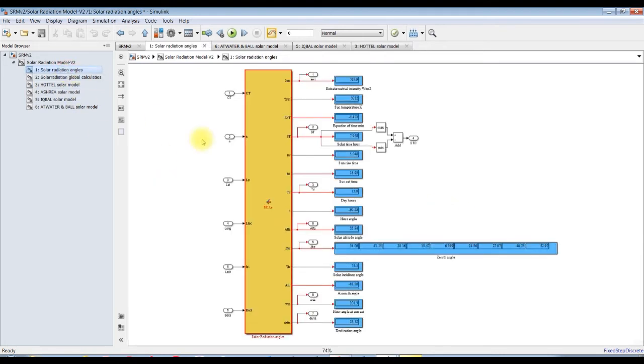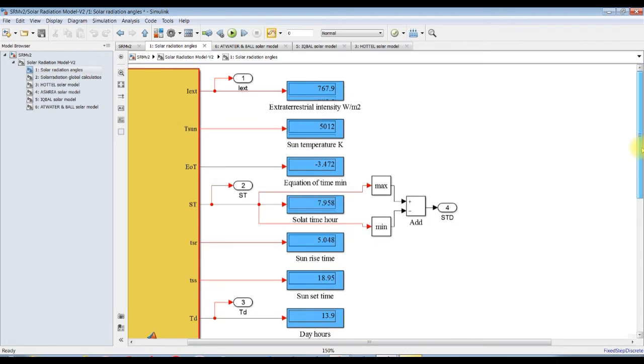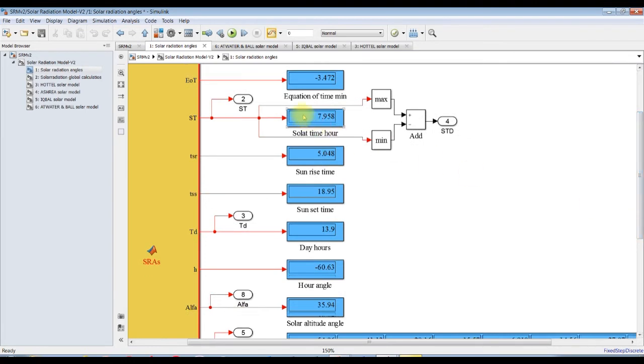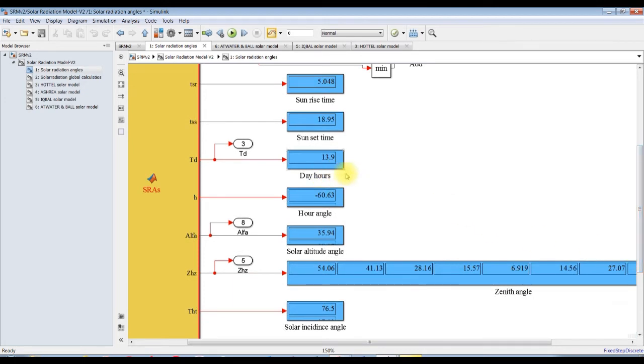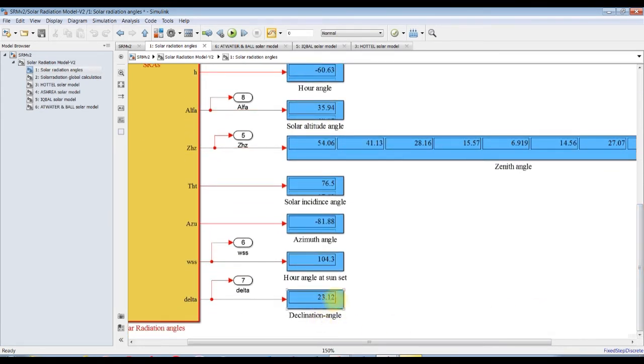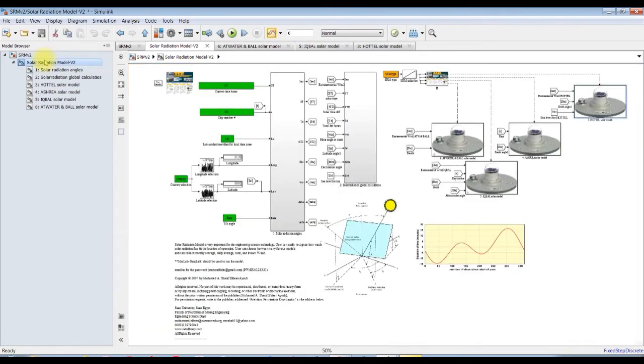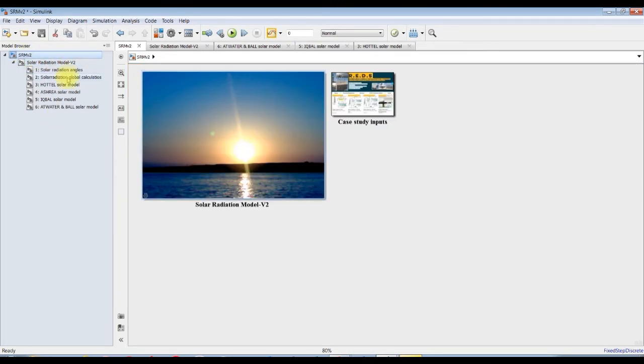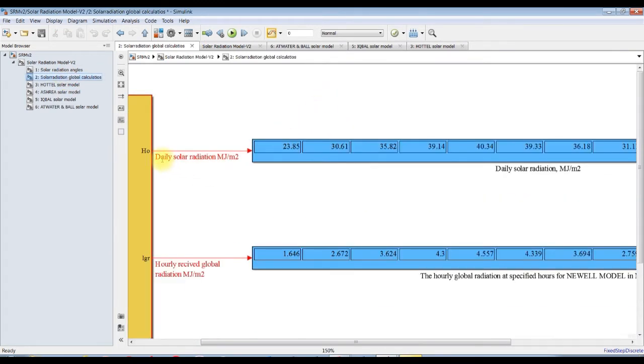For solar radiation angle, we can find the following: extraterrestrial intensity, sun temperature in Kelvin, equation of time, solar time hour, sunrise time, sunset time, how many days, hour for solar radiation, hour angle, solar altitude angle, declination angle. Okay, suppose we are going to choose another location, but before this we have, for daily solar radiation, megajoule per meter square.